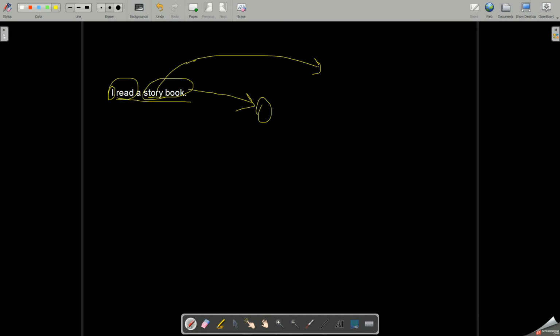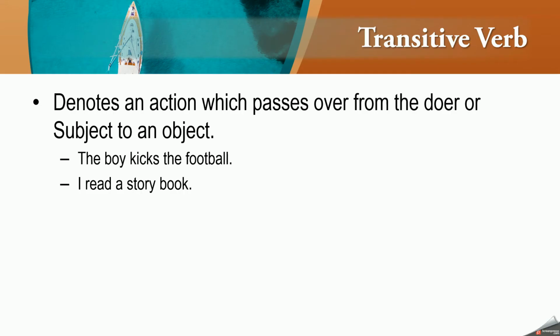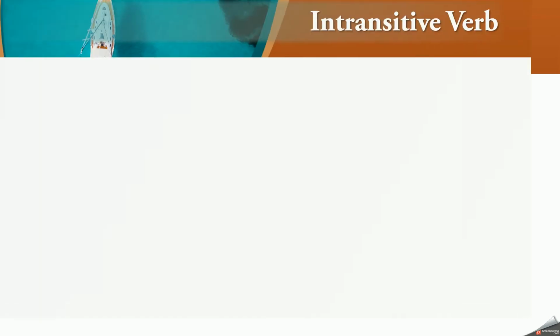I read, so over here you can see the word read, which is your verb. I read what? I read a storybook. So this verb read is successfully able to answer the question what, hence it becomes a transitive verb.